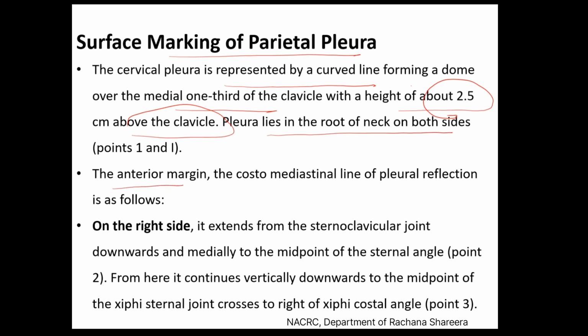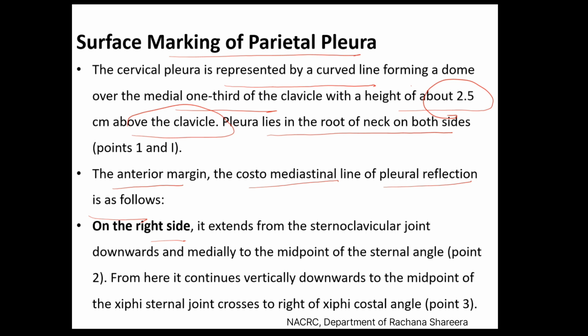The anterior margin, the costomediastinal line of the pleural reflection, is as follows. One by one, we can discuss the points of surface marking of the parietal pleura, and the surface marking of the visceral pleura is the same as the surface marking of the lungs.